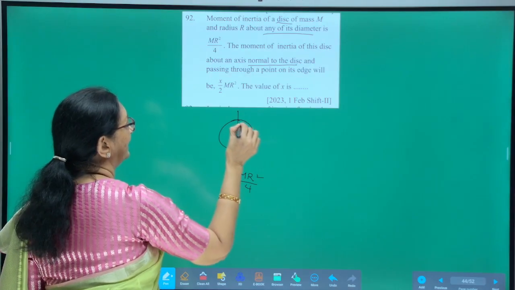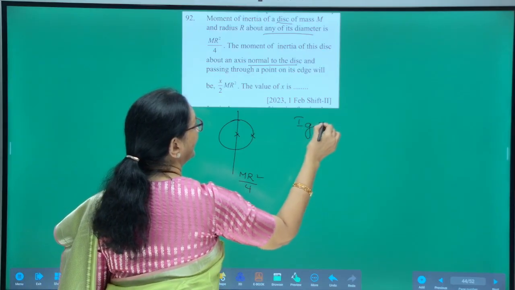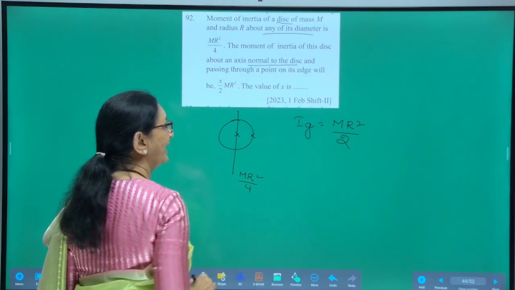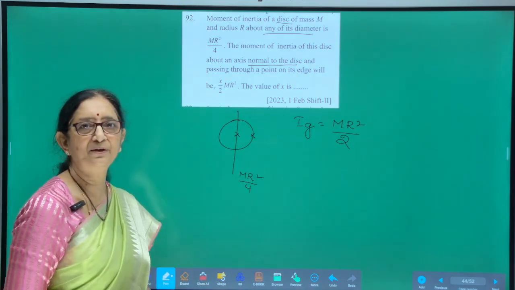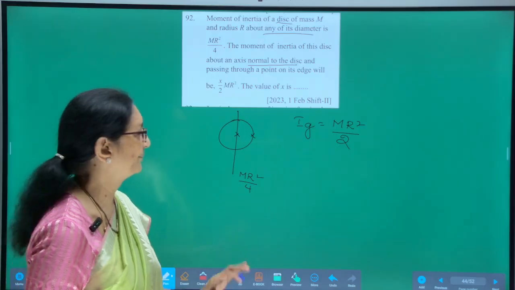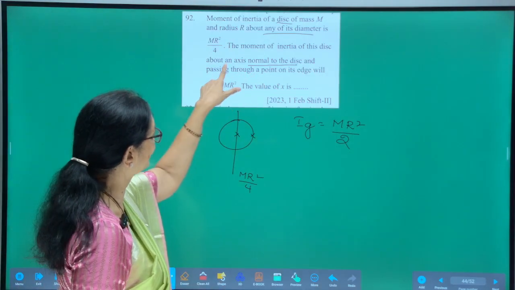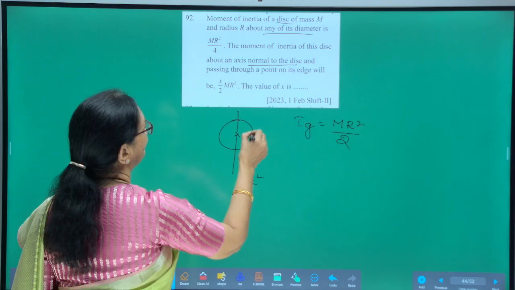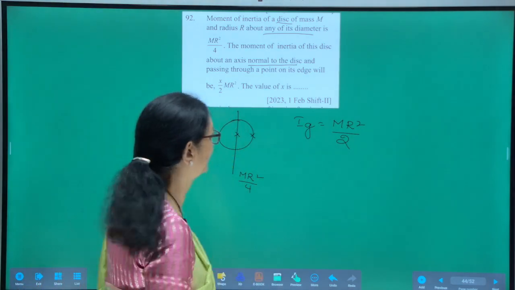Okay, look here. If moment of inertia of a disc about the diameter is mr²/4, about an axis passing through the center perpendicular to the plane will be mr²/2. Actually, we derive that, or from this we can find it out using the perpendicular axis theorem. So, here what is asked? Moment of inertia of this disc about an axis passing through the edge, tangential axis perpendicular to the plane.